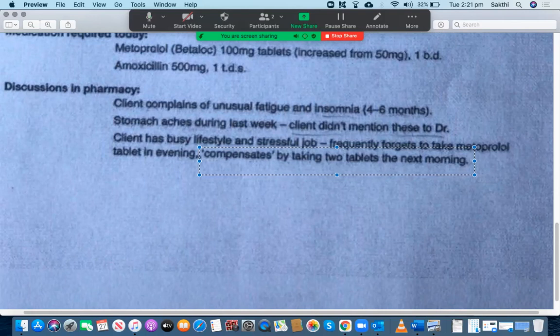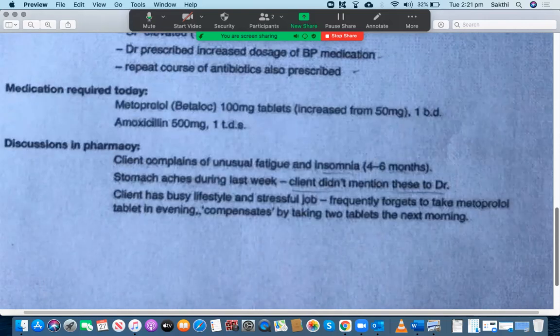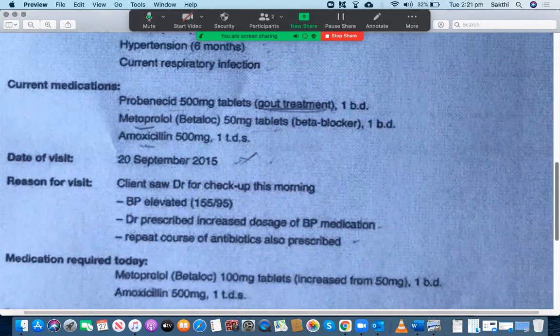That's an overdosage. When he forgets, he takes two. You need to mention that. You have mentioned the first part, that's correct, but you didn't mention the compensation. So that's wrong. That's not good. You should have included it. So one important case note is not included.